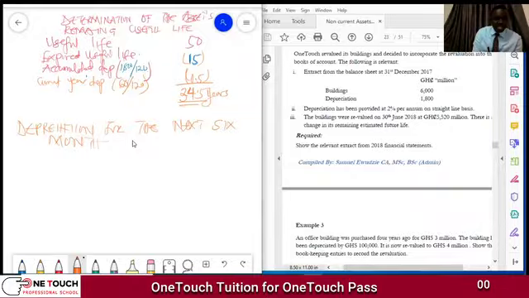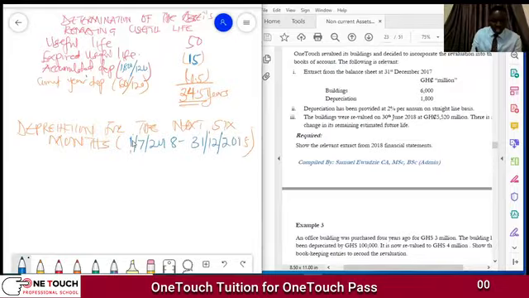The next 6 months we are looking at 1st of July 2018 to 31st of December 2018. All right, great.